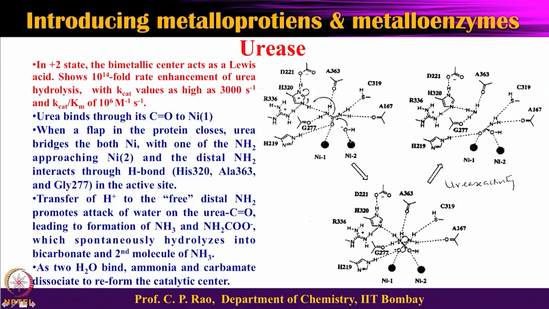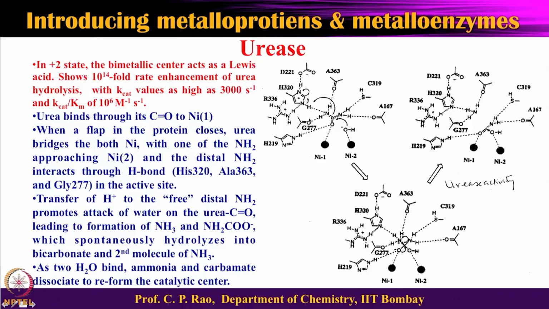Then on the neighbor nickel center, you can see that the water which is activated becomes the OH. And you know, nickel bound OH is a base, a nucleophile, and can attack the CO, which is an electrophilic center present in the urea. So, that attack will form an intermediate of this kind. You see that?